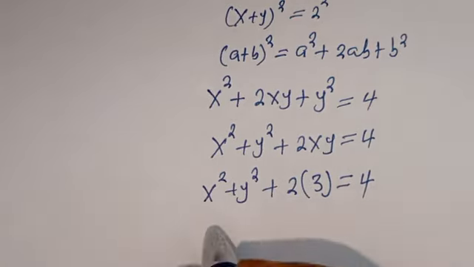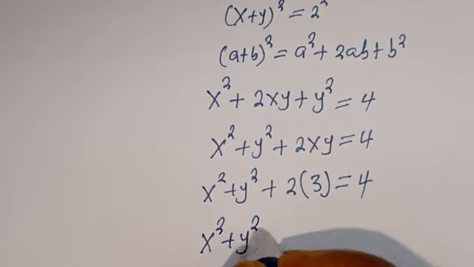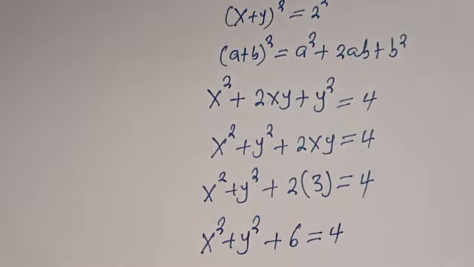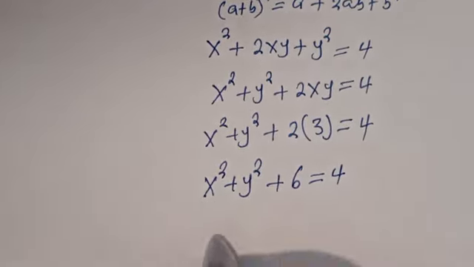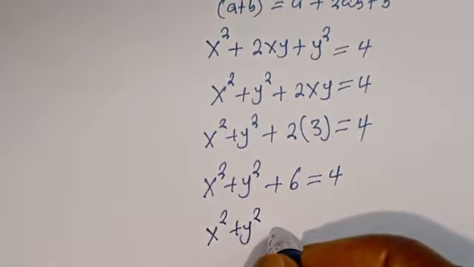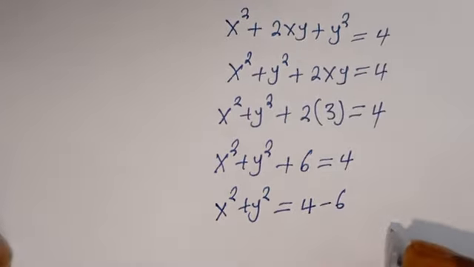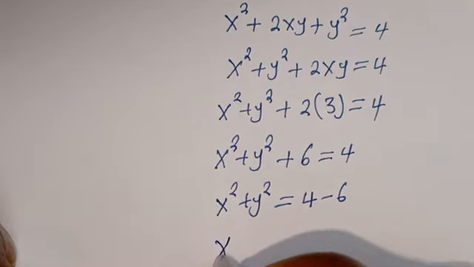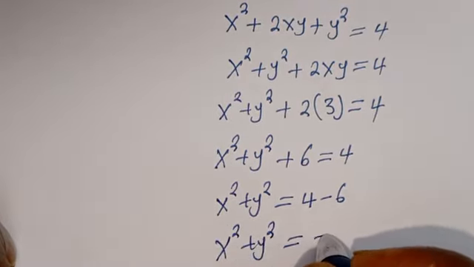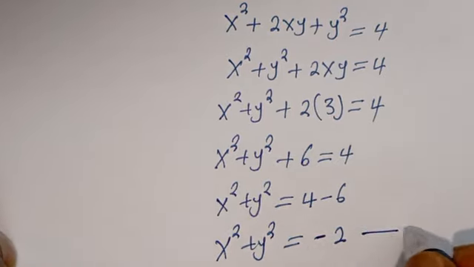Then we have x square plus y square plus 2 times 3, that is 6, is equal to 4. Now we have x square plus y square is equal to 4 minus 6. Then x square plus y square is equal to minus 2. Let's call this equation 4.